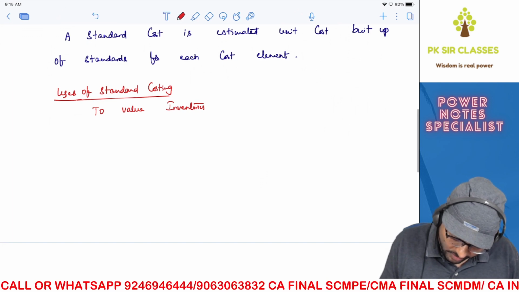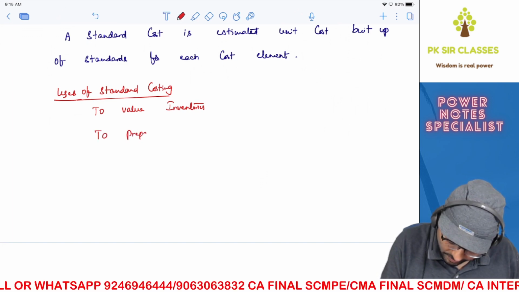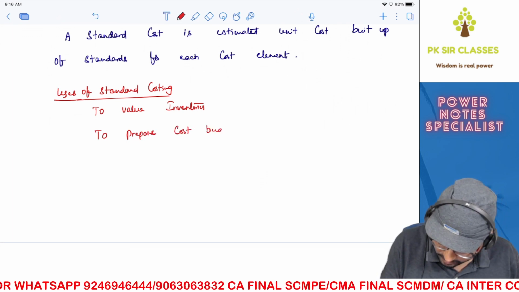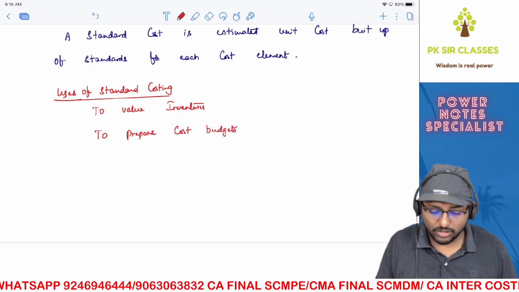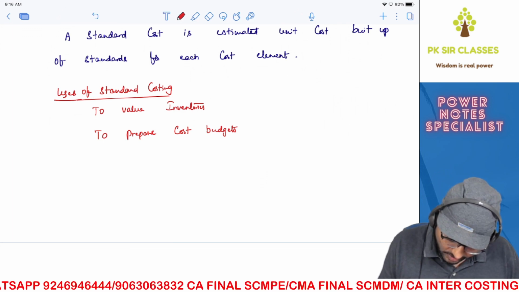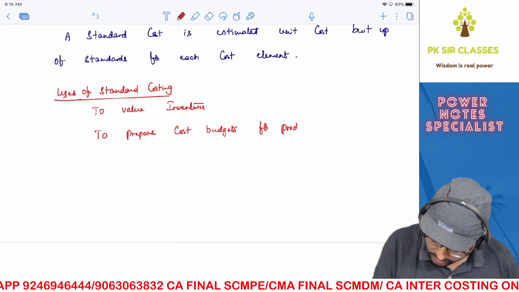Okay, to value inventories. Then also it helps you to prepare cost budgets. Standard costing also helps you to prepare cost budgets. All these cost budgets are based on standard cost only. Okay, for what are you going to prepare cost budgets? For production, obviously.